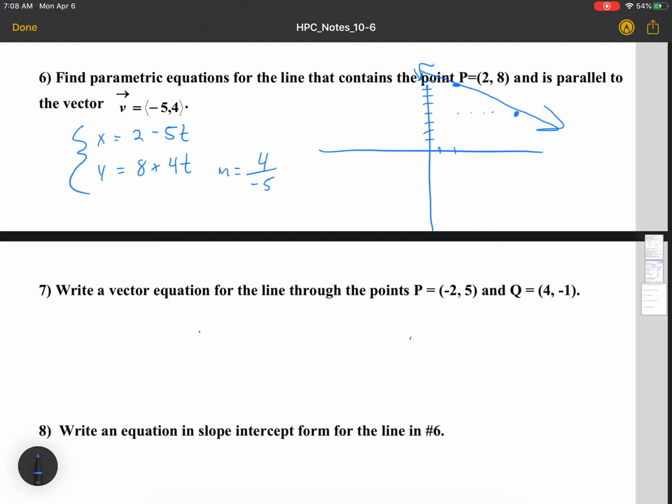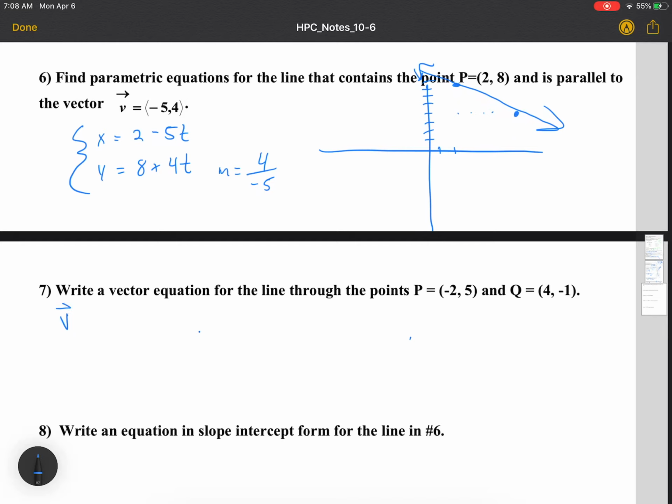Let's hop on down to 7. Write a vector equation for the line through points -2, 5 and 4, -1. First, we have to find the vector. They gave us 2 points, so how do we find a vector with 2 points? We do that little subtraction. We take our x's and our y's and subtract them.